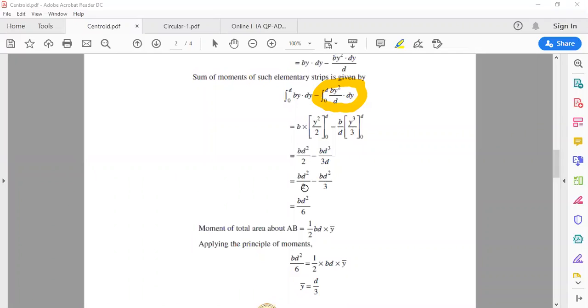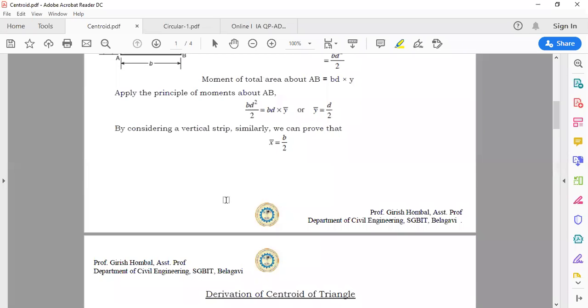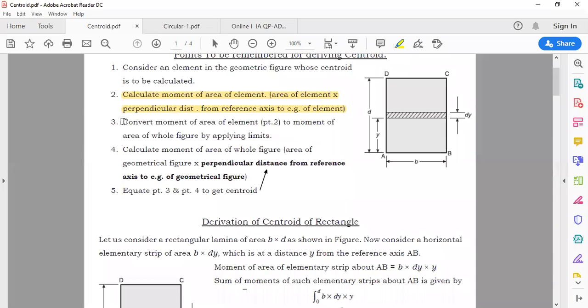So it is 3 b d square minus 2 b d square, which is b d square by 6. Now what is this term? This term is nothing but your third point, converting the moment of area of element to the moment of area of the whole figure. So we have completed the third point now.